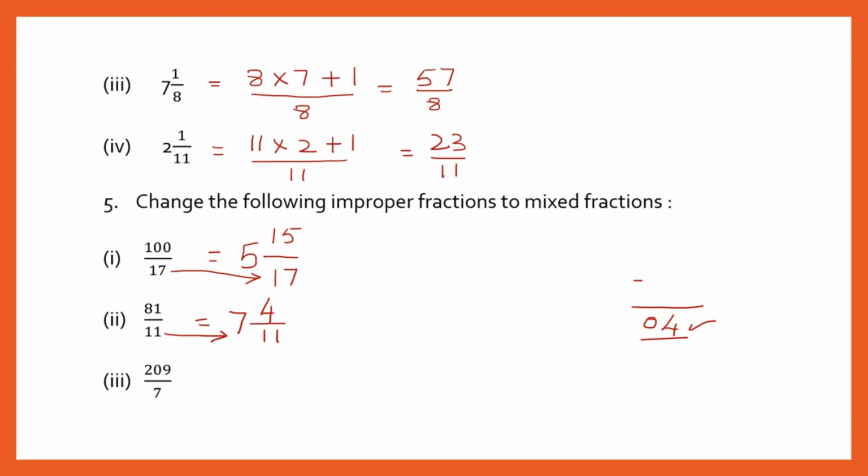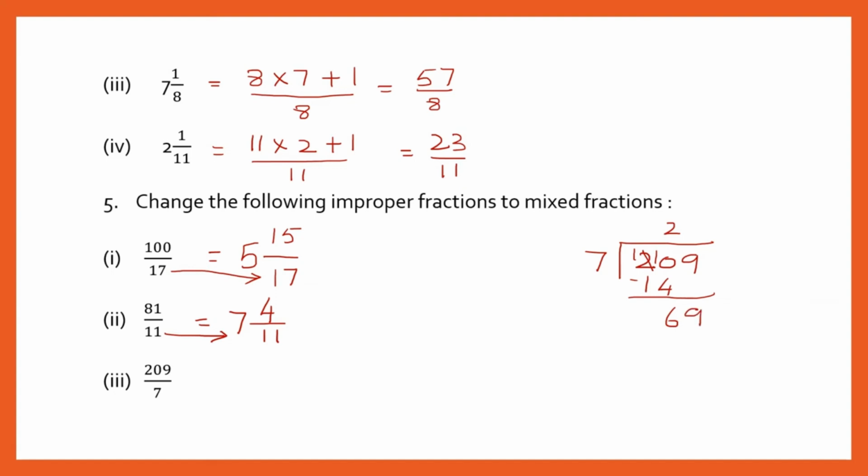Third one is 209 by 7. Okay, let's divide 209 by 7. Normal division, 7, we have 20 here. Let's get a number close to 20. 7 2s are 14. Minus, let's continue our division. I have to borrow. So 10 minus 4 is 6.